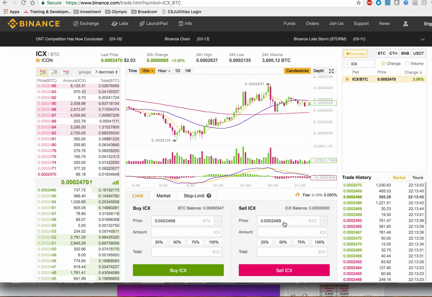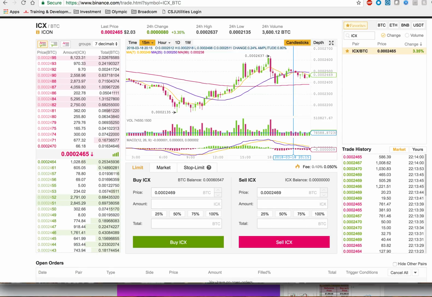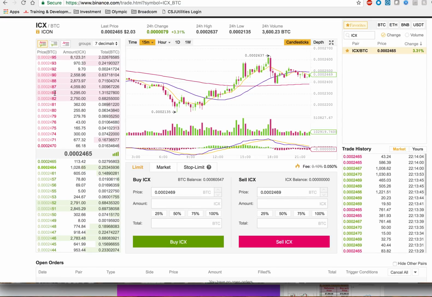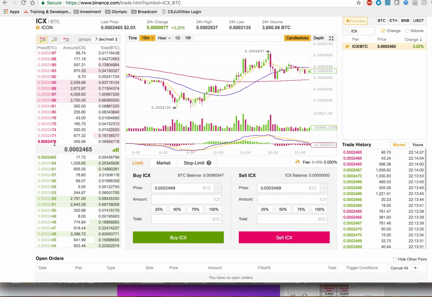Now, if you see here, these are the fractional values of Bitcoin. This is the price. This is the order book on the left side. You have buy orders and sell orders, and in the center is the last price. So you can choose your limit order value here and how much you want to buy. Let's say you want to buy 10.